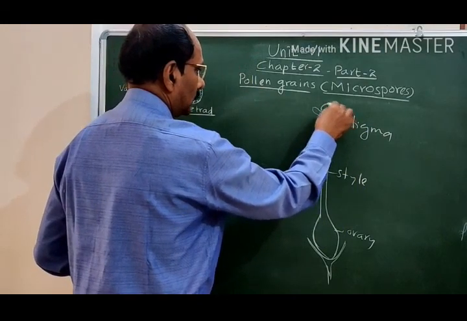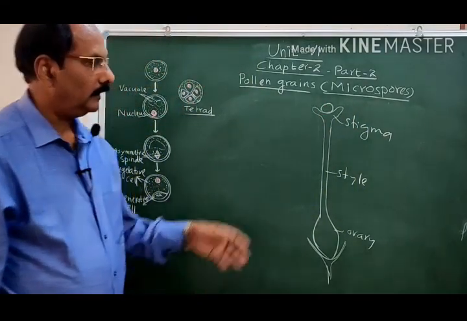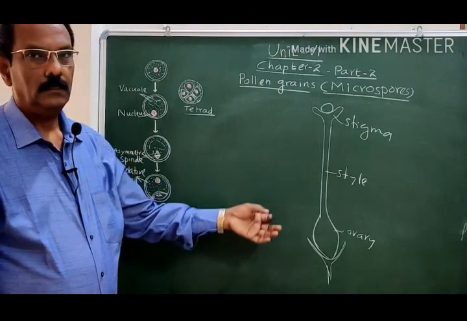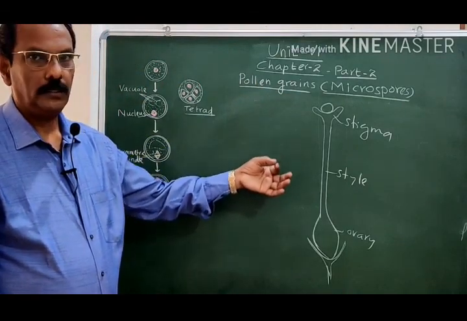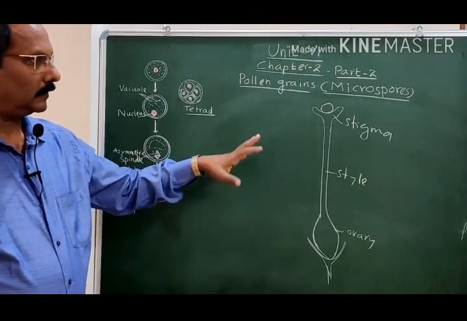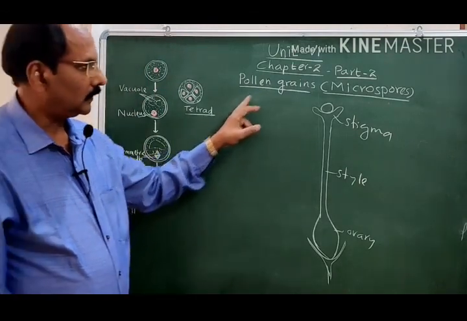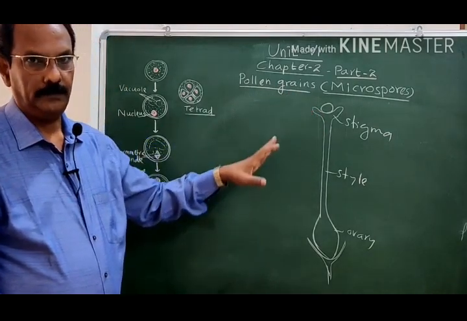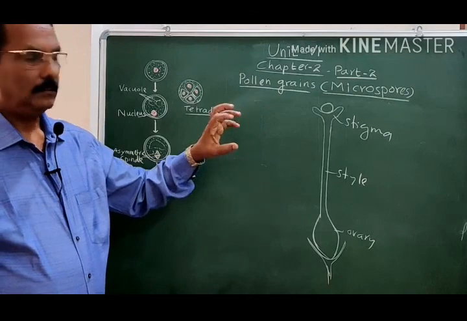After falling on the stigma, compatible pollen grains germinate and produce the pollen tube containing the gametes. That is the male gametophyte. So what is the point? The pollen grains must fall on the stigma before losing viability. Viability means the healthy condition, full strength.